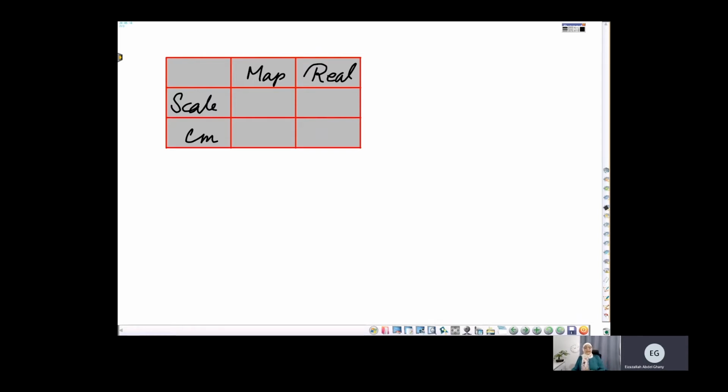Now I want to make a specific table for conversion from map to real and vice versa, and it should always be written in centimeter. If you make the input and output in centimeter, you can convert afterwards anything you need, or convert before input in the table. So let's sing it: map, real, scale, centimeter.